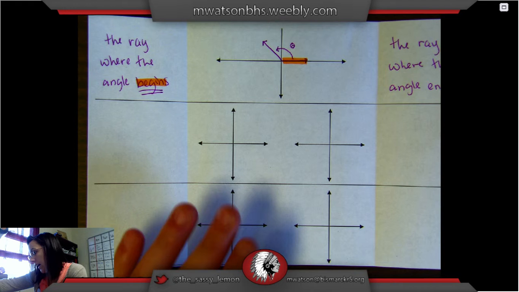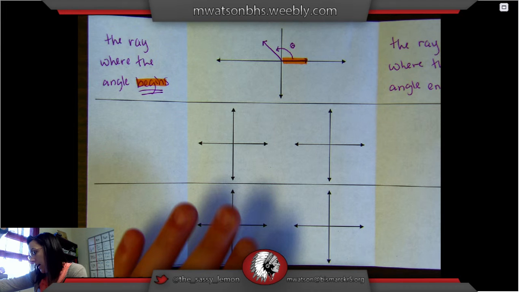So if we're putting an angle in standard position, the vertex has to be right there at the origin. The second part of this is that the initial side lies on the positive x-axis. So the initial side has to lie over here.